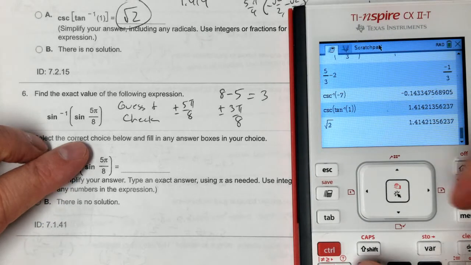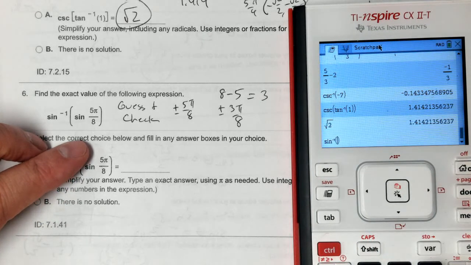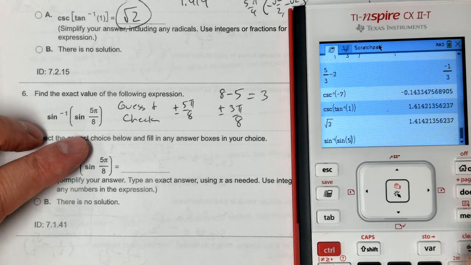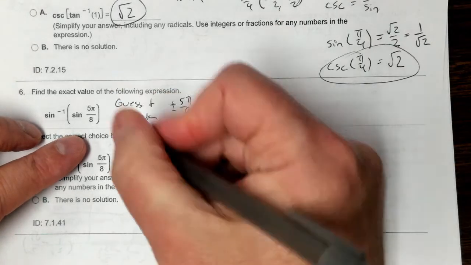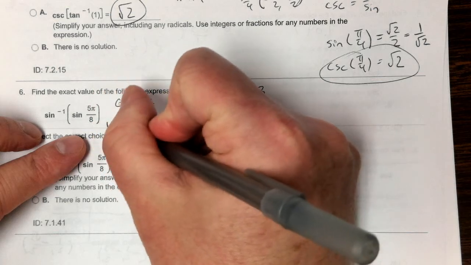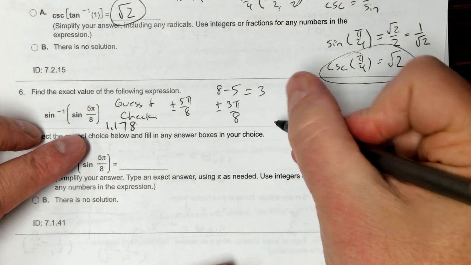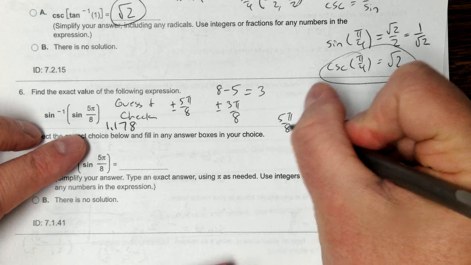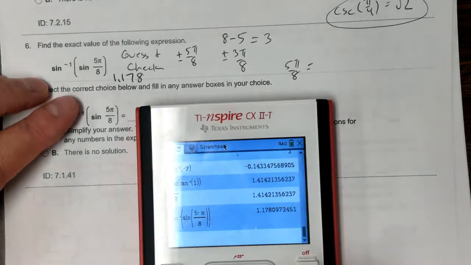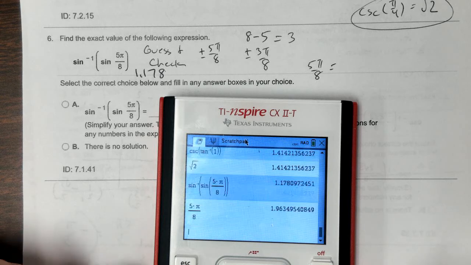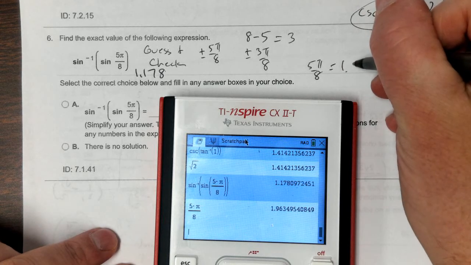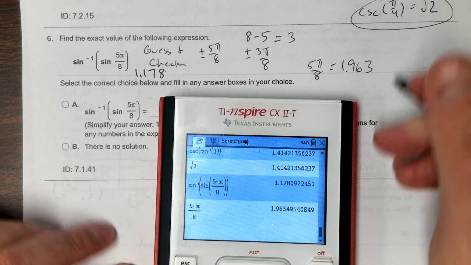Okay, so sine -1 of sine of 5 pi over 8. That gives us 1.178. And when we do 5 pi over 8, we get 1.963, which is too big.